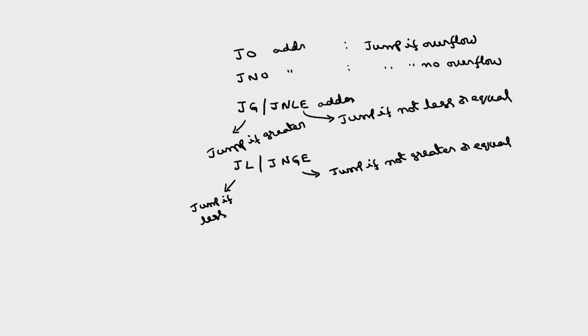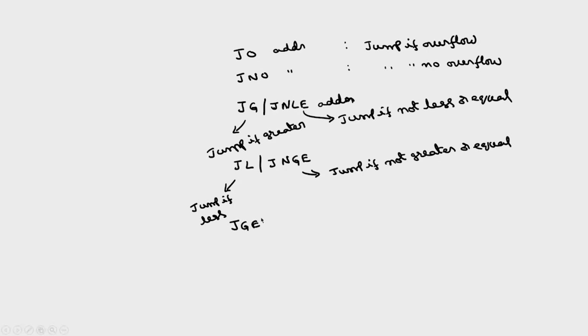Then this is only greater, less than or equal will be here, this is less than and this is greater than or equal is here, or we can make this greater than or equal here and we can make not less here. So the other instruction is jump greater than or equal.